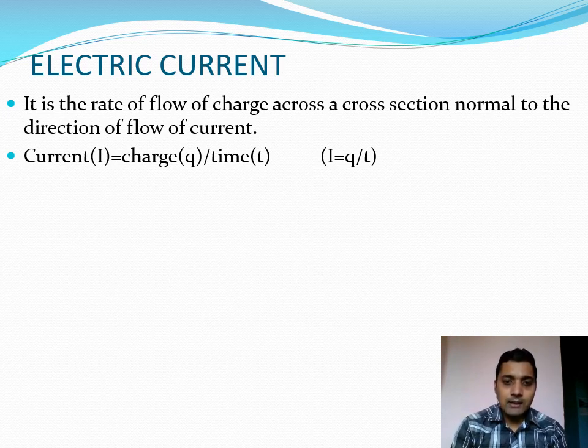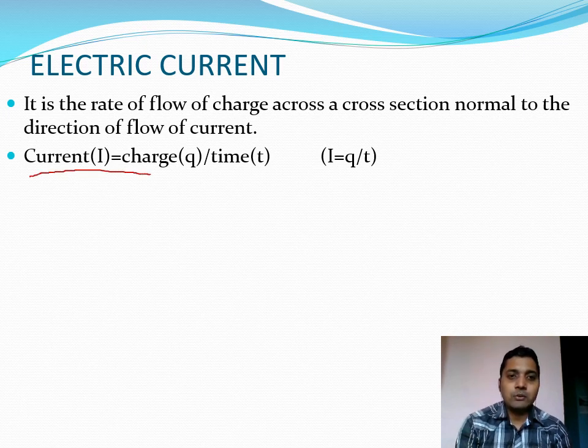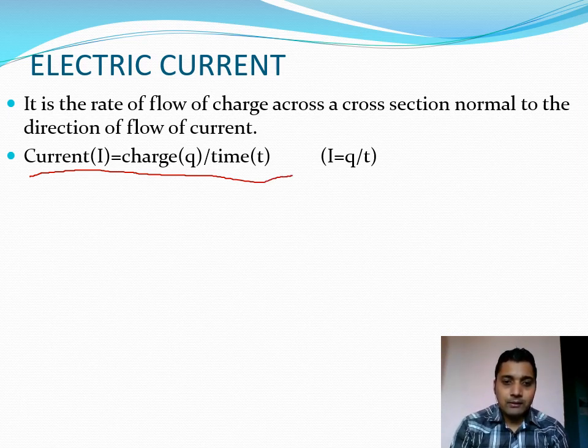Rate of flow of charge means how much charge flows in unit time. The mathematical expression is I equal to Q by T, where I is the current, Q is the charge, and T is time.